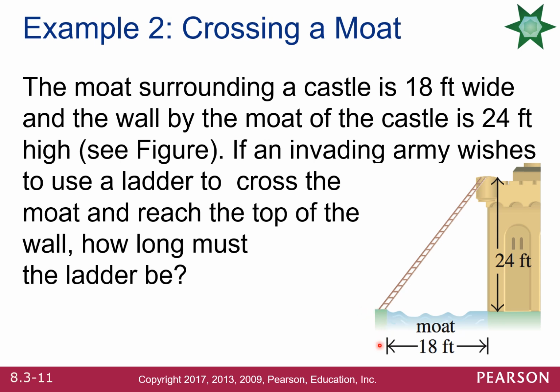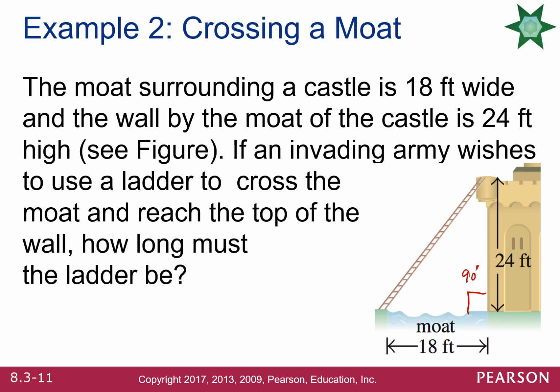All right, so let's see how this figure takes the shape of a right triangle. We have the moat on the ground, and then the castle goes straight vertically up, and it makes a 90-degree angle with the moat. So this angle here is a 90-degree angle.